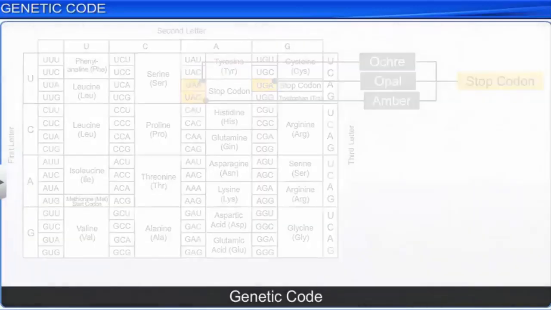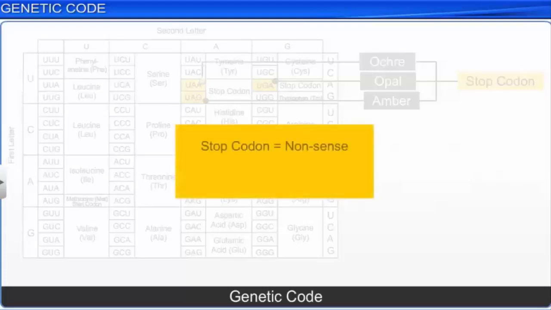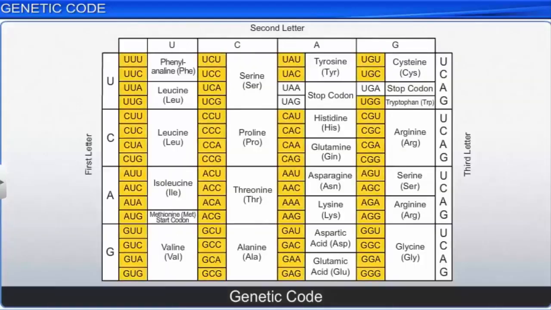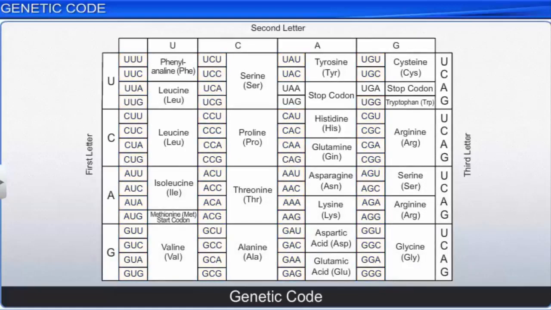Hence, they are known as nonsense codons or termination codons. The rest of the 61 codons code the 20 amino acids found in the human body. Moreover, one codon codes for only one specific amino acid, which makes the genetic code unambiguous and specific.